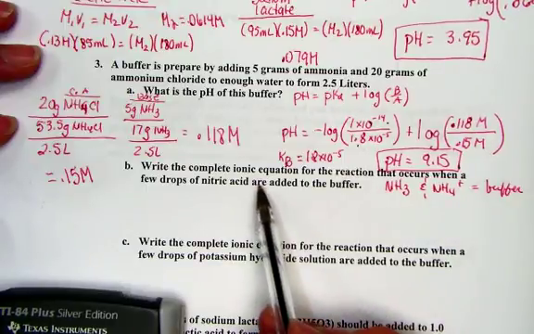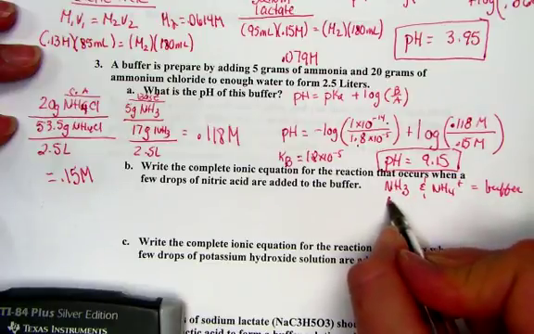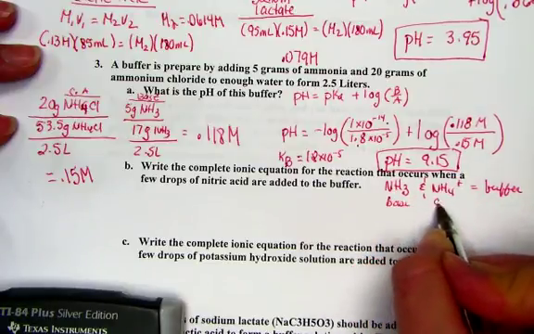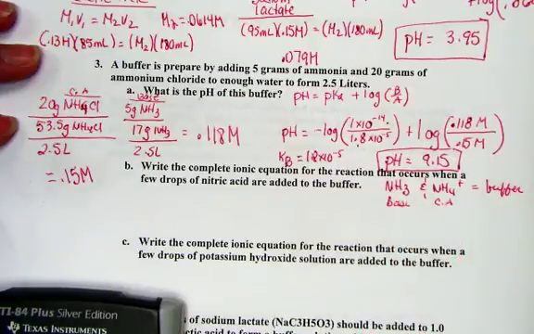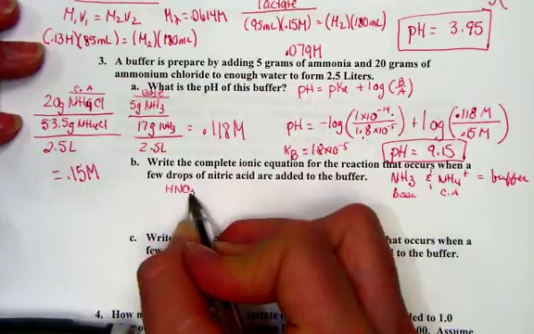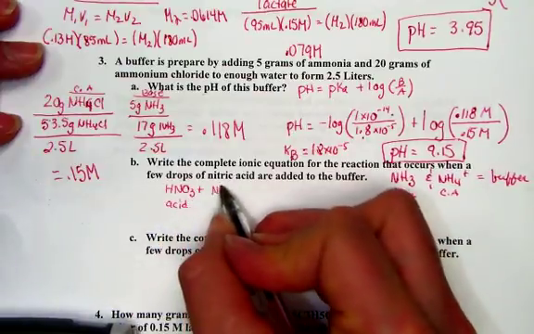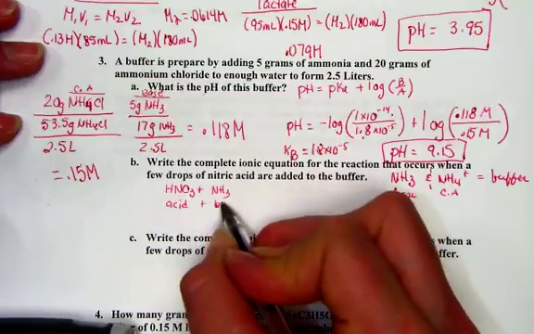If I add a strong acid to a buffered solution, an acid will react with the base. Considering what we're showing, nitric acid is HNO3. It must react with the base from the conjugate pair, ammonia.